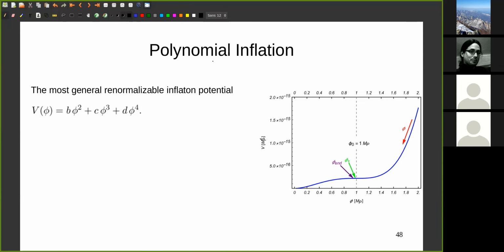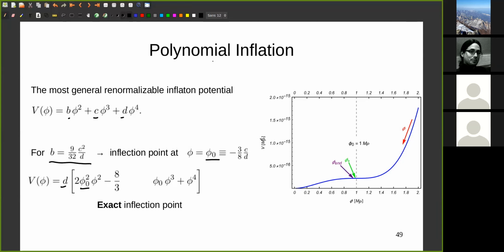However, I'm assuming that I have an inflection point, and an inflection point means that it's really flat. So this is an example of the potential that we have. This is like a real example. You can see that near the inflection point, the potential is very flat. If it's an exact inflection point, the potential will be completely flat, really horizontal.